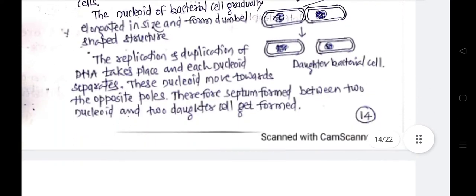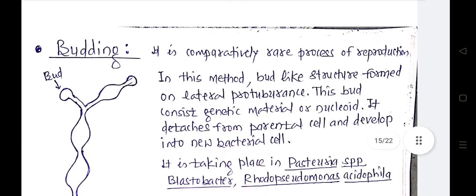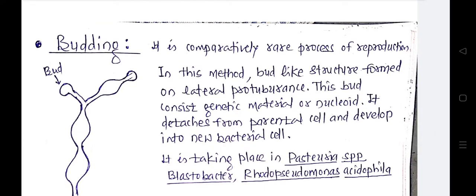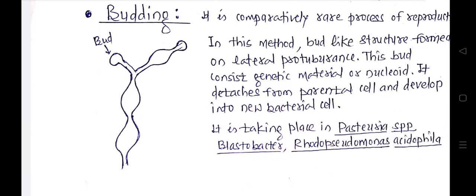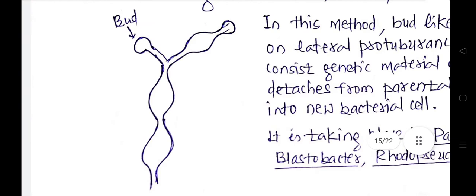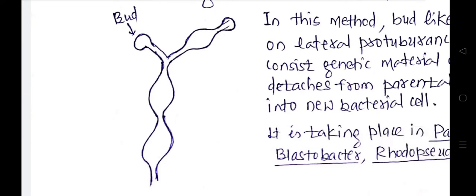The next method is budding. This is a very rare method of reproduction. In this method, a bud gets formed on the lateral branches. So a bud-like structure gets formed, and in that bud, the genetic material gets transferred.